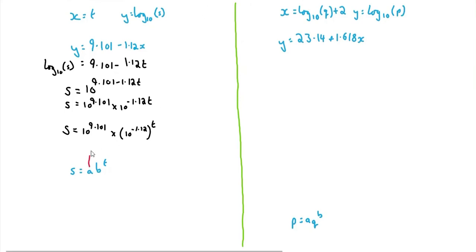Therefore, we now have what our a is and what our b is. You could put those into your calculator and work out what they exactly are if you wish, but you can just leave them there as powers of 10. We could also comment in this example that our a term here, like the a in the other question, kind of coincidentally, is going to be your starting value.